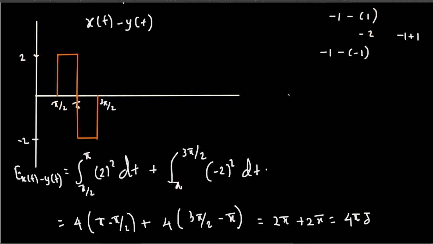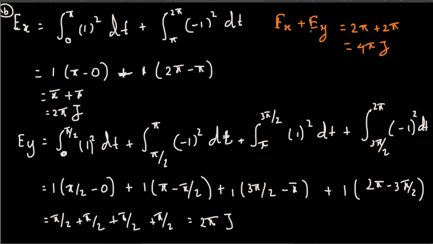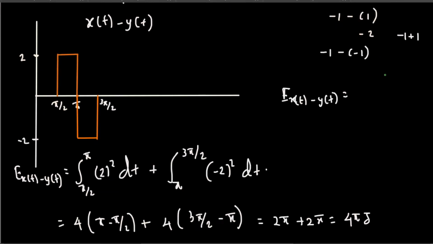Therefore we prove that Ex of t minus y of t is also equal to Ex plus Ey, which is 4π5.